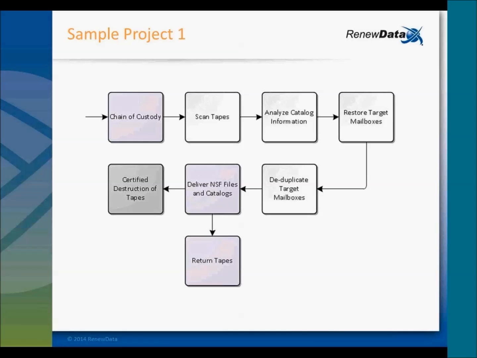The next step is to do a high-level scan of the tapes to pull out, like we've talked about, the session information, the date the session was created, the backup software used, the file listing information with full path and file, some user information that we can use to target, and the dates. All of that will be available after a scan, and in the next box, analyze catalog information, we start to look at the actual breakdown of the information in those session reports. In this specific case, we were able to scan through the 14,000 tapes in, I believe, 6 weeks.